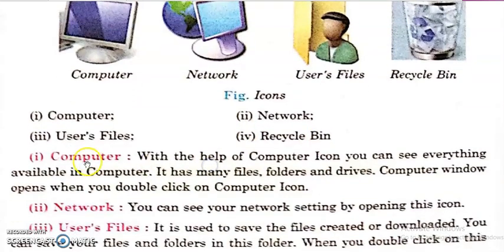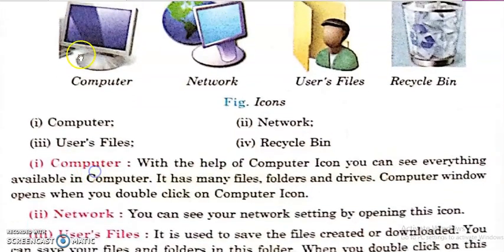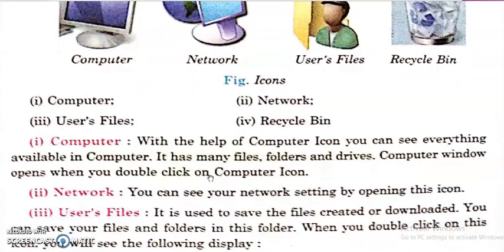The first is Computer. This is a graphical icon which represents the main hardware of a computer, the storage area of a computer. With the help of the Computer icon, you can see everything available in the computer. It has many files, folders and drives. The Computer window opens when you double click on the Computer icon.